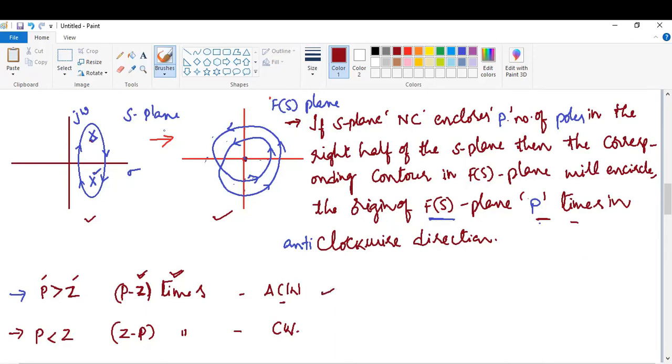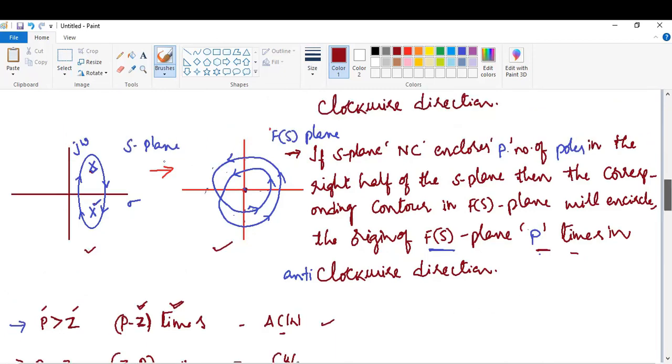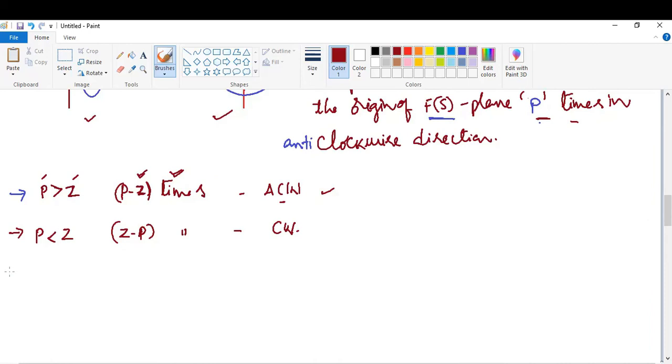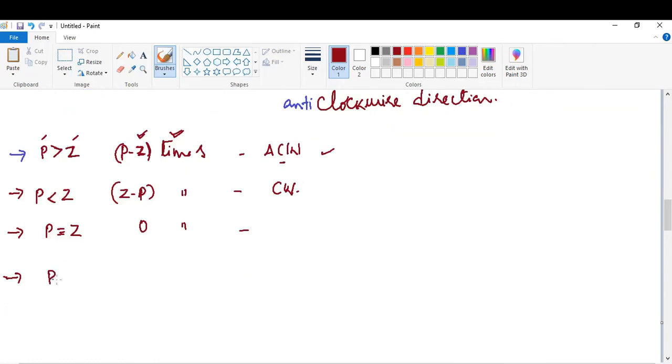So here we have seen 4 points, and there are another two cases. If P is equal to Z, 0 times encirclement of the origin occurs, which means there is no encirclement of the origin. This is the fifth case. The sixth case is when the poles and zeros are both not enclosed by the Nyquist contour.